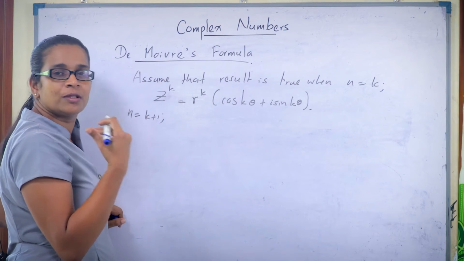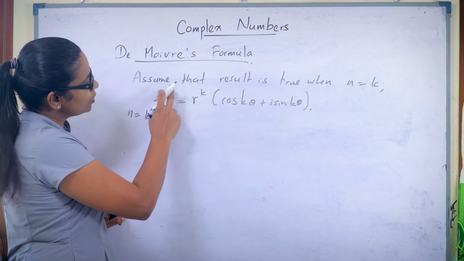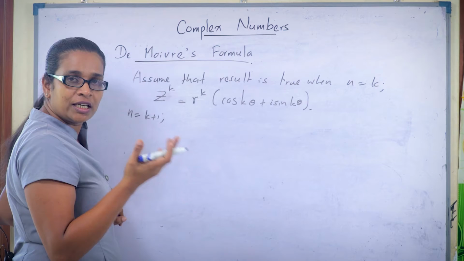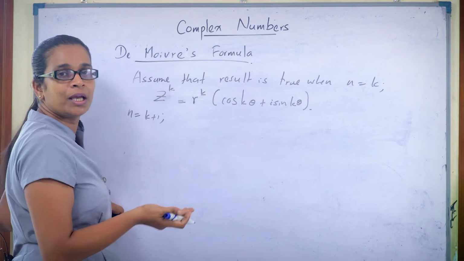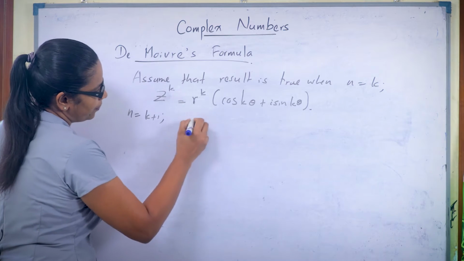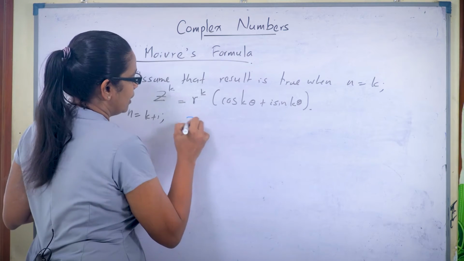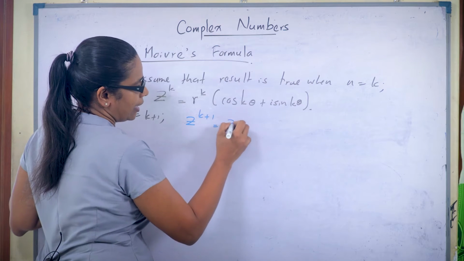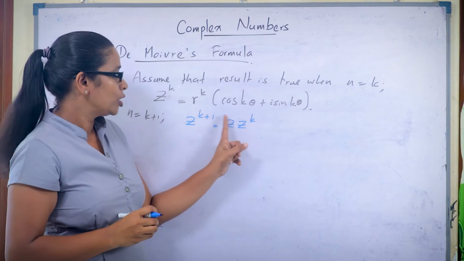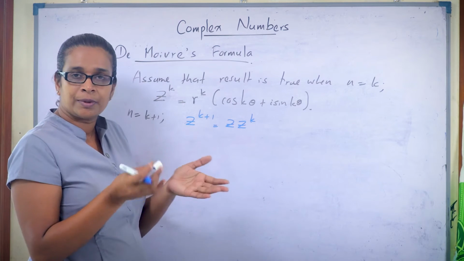You know the rules of indices. You need to change this power, so I have to do multiplication of indices to change this into k plus 1. So I am going to write z^(k+1) as z into z raised to the power k. You can add the powers when you are multiplying the indices.